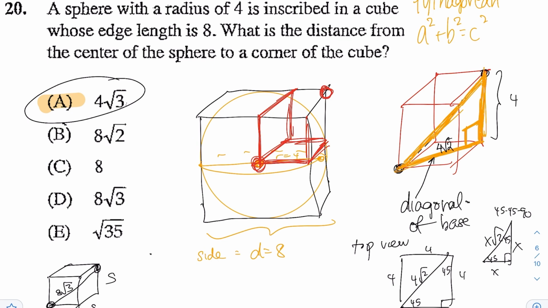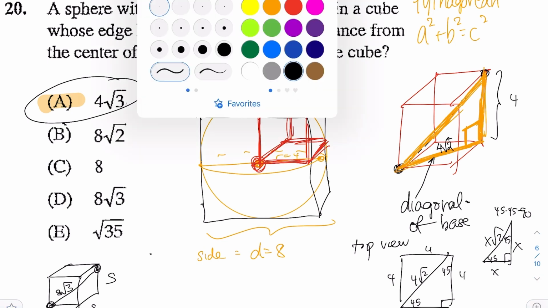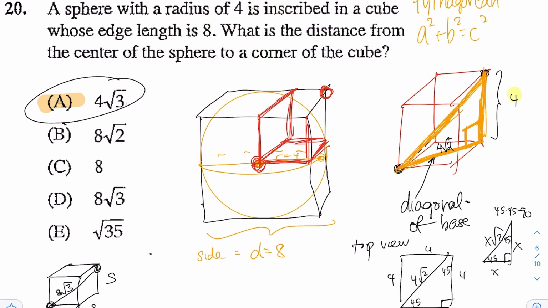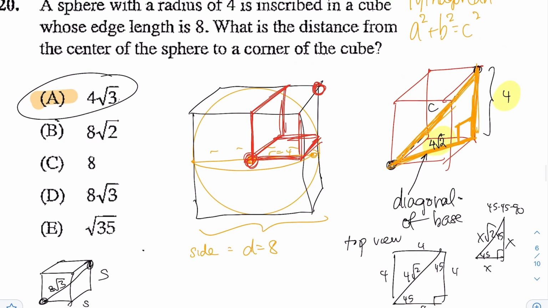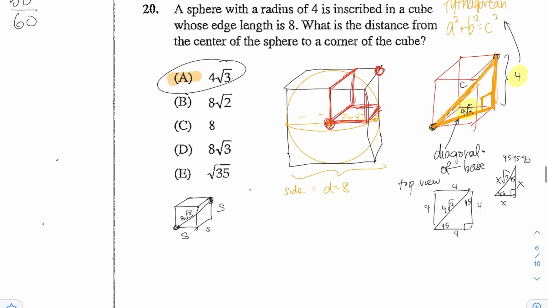So now you can use Pythagorean with 4 and 4 root 2, and you can call the diagonal c. So you just substitute it into Pythagorean. This is the right triangle that we're looking for. It's 4, 4 root 2, and c.